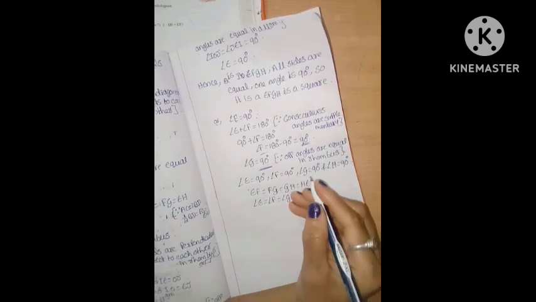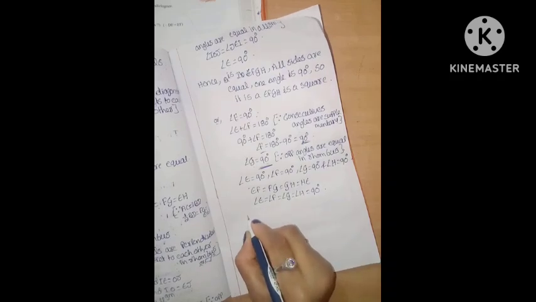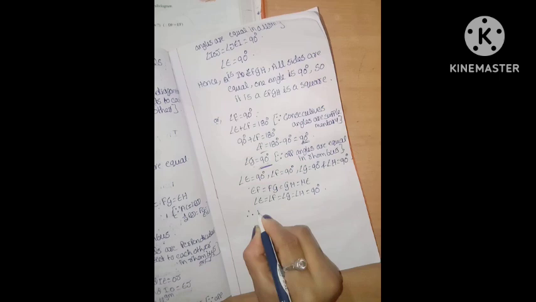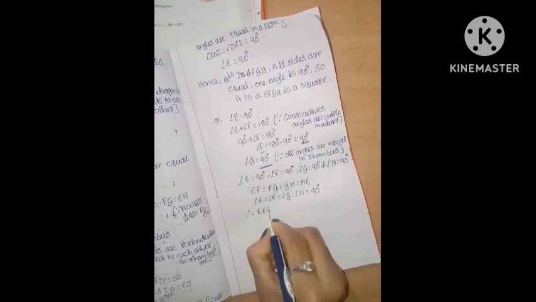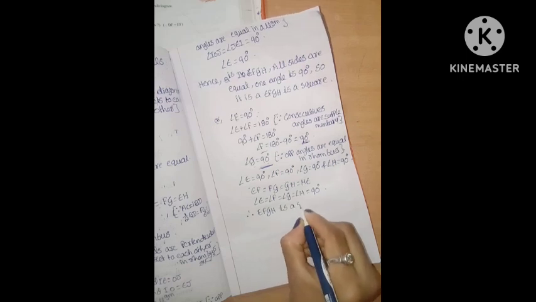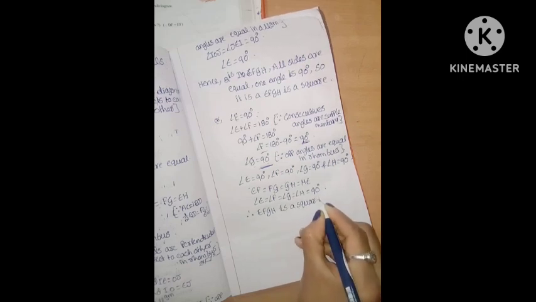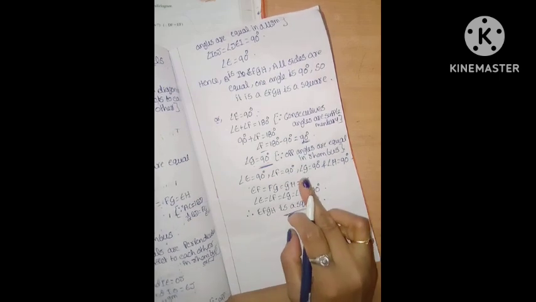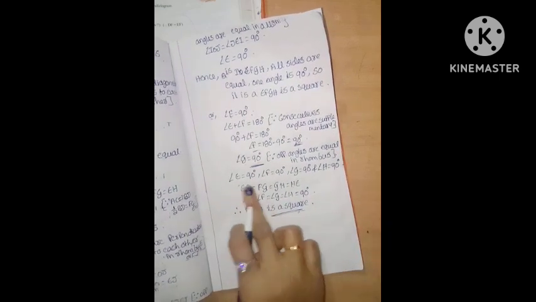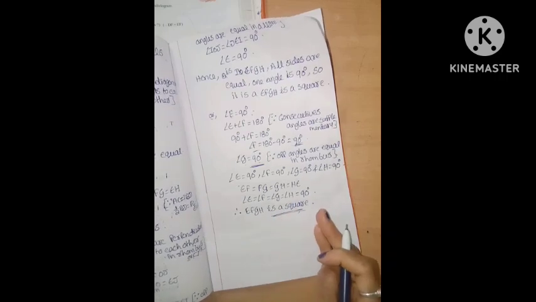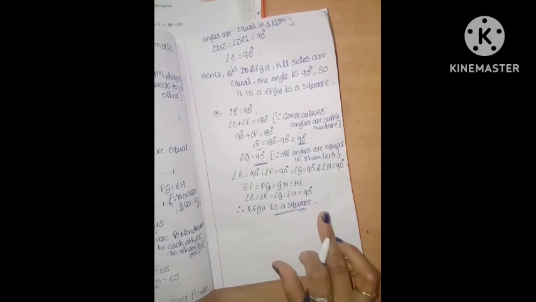It is a square. So our answer, therefore, EFGH is a square. Why is it a square? Are you understood? In EFGH, all the sides and all the angles are equal. So that's why it is a square only. Finally, we can say this.